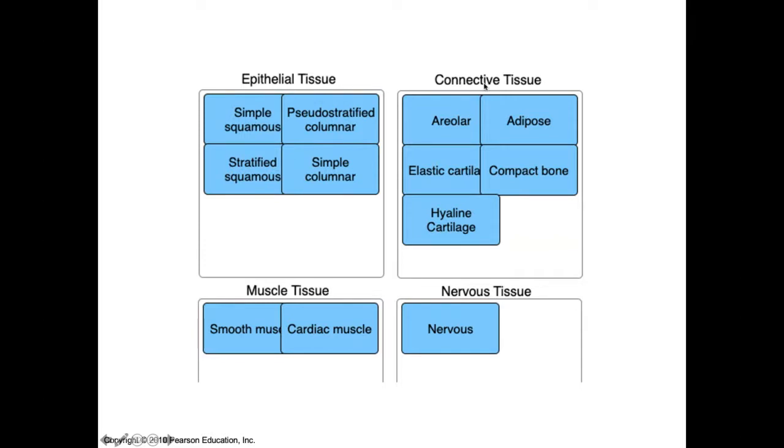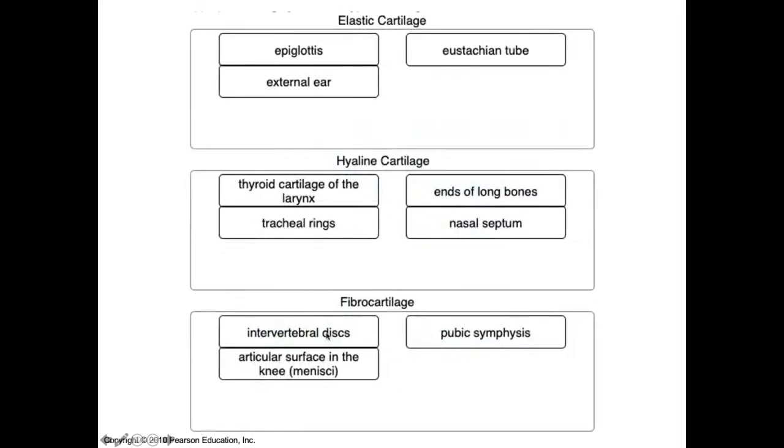These are all different types of epithelium. But under connective tissue, areolar, adipose, right? Then you have elastic cartilage, hyaline cartilage, compact bone. Under nervous tissue, that was the neuron, which is nervous. And under muscle is smooth, cardiac, and skeletal.